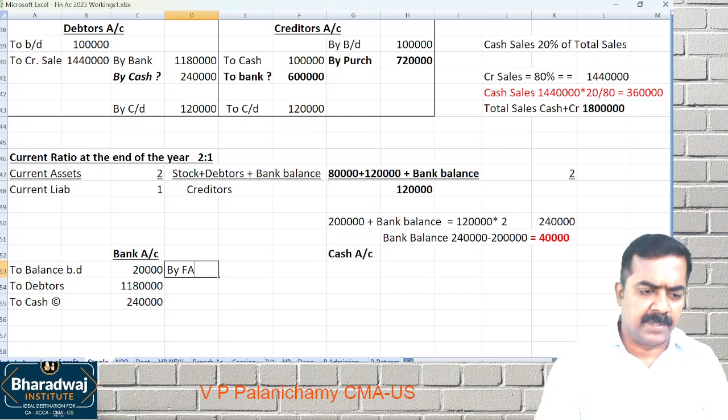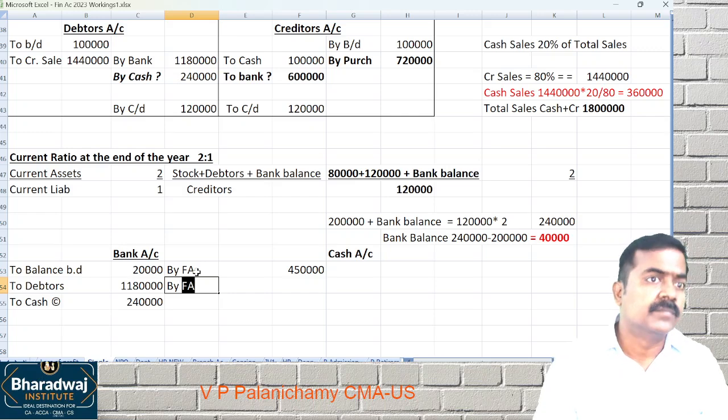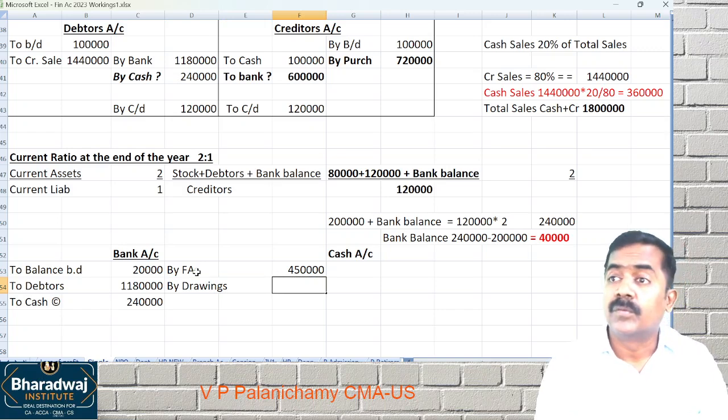Then by fixed asset purchased how much? அப்புறம் drawings from bank how much? 4 lakh.